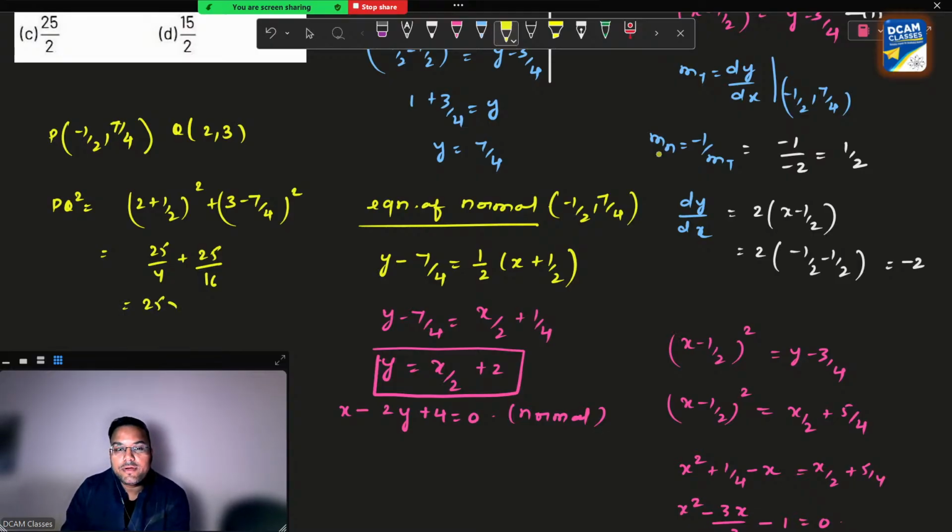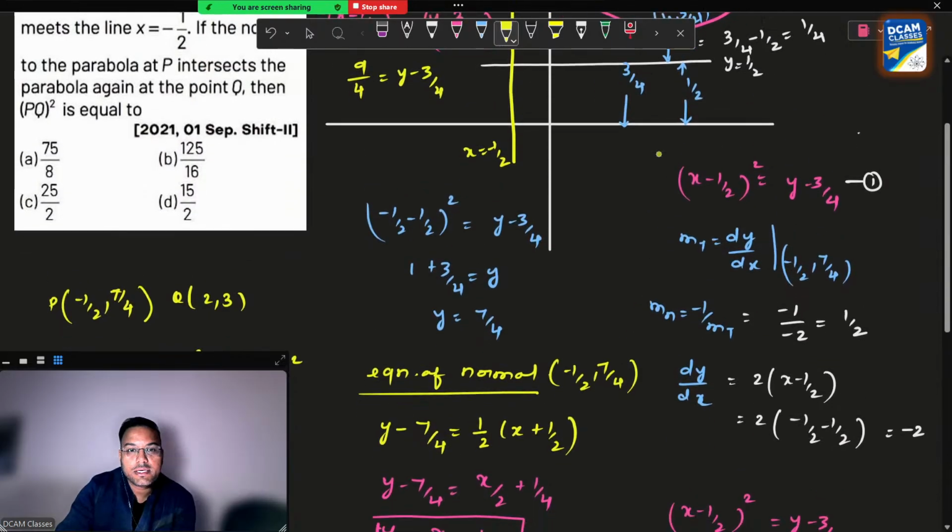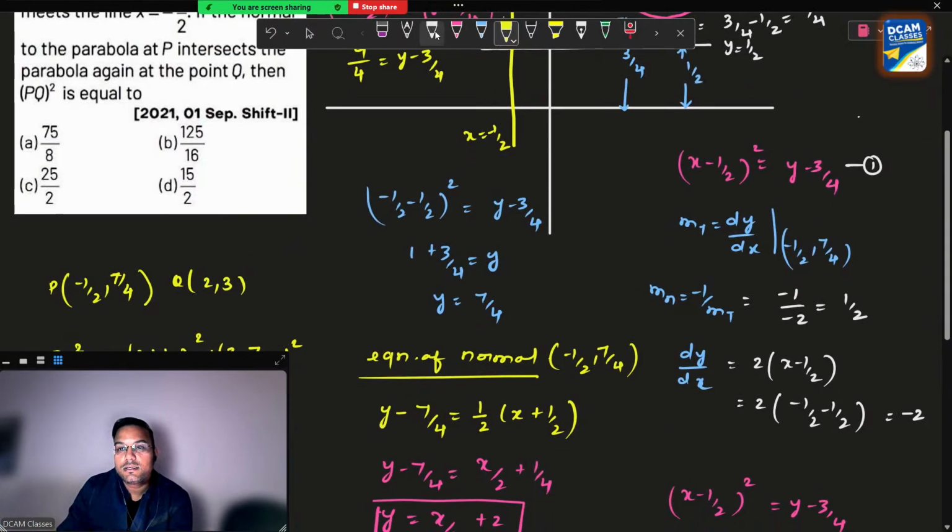So 25 into 5/16, it's 125/16. B is the answer, PQ square.